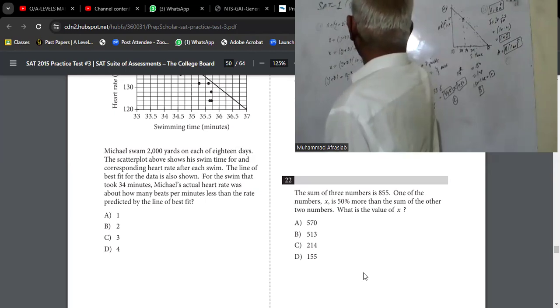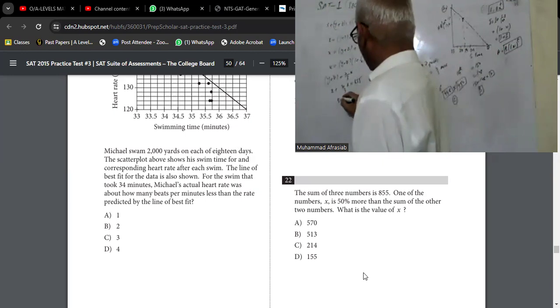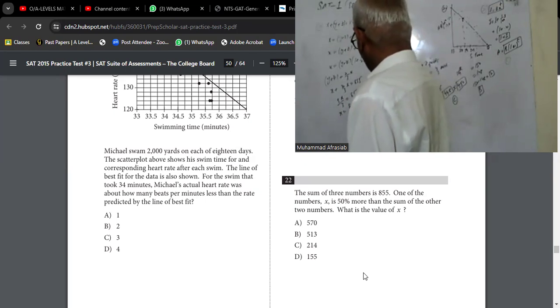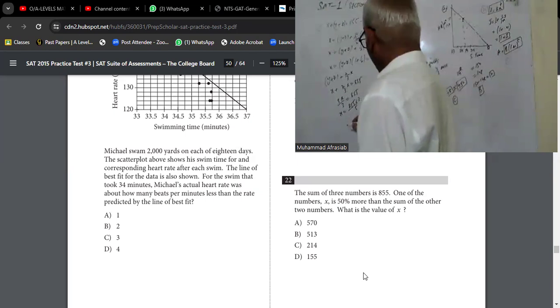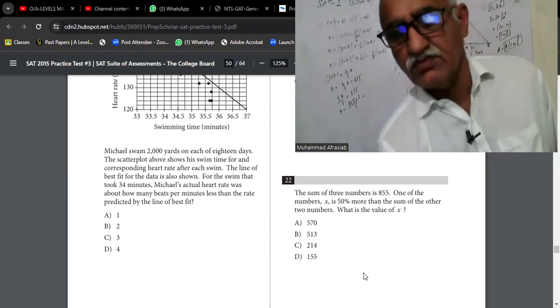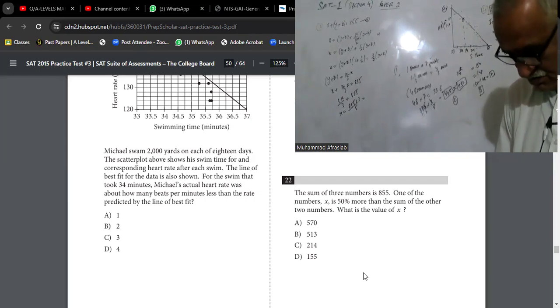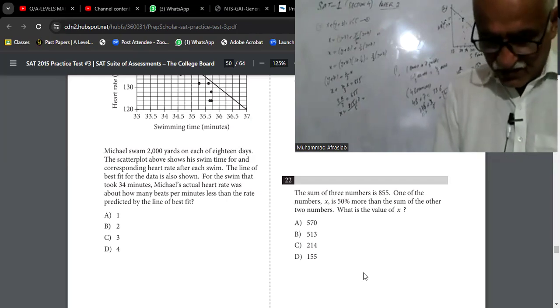Now, if we put this in equation number 1, x plus 2 by 3 x is equal to 855. 3 plus 2, 5x over 3 is equal to 855, or x is equal to 855 times 3 divided by 5, and that should be equal to 513.